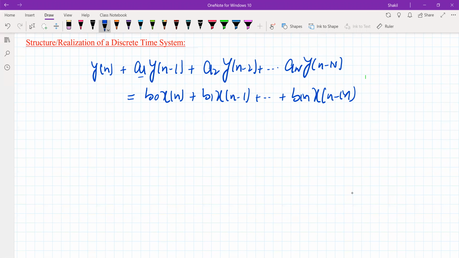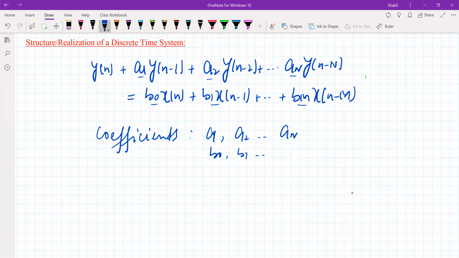And what are these a1, a2, an, b0, b1, so on up to bm? These are the coefficients of this difference equation.